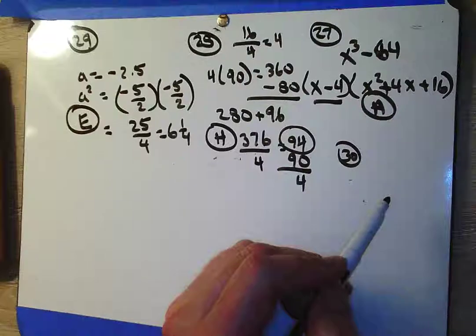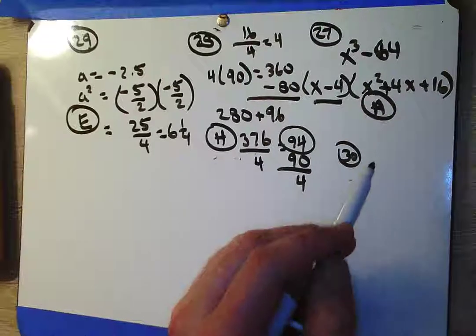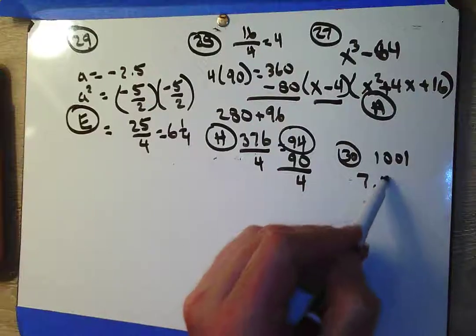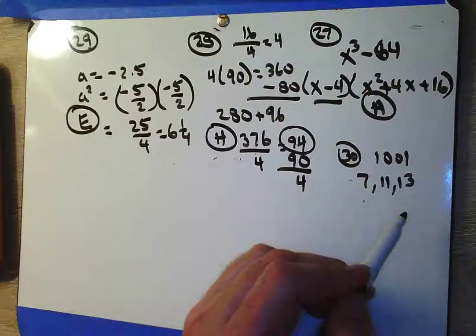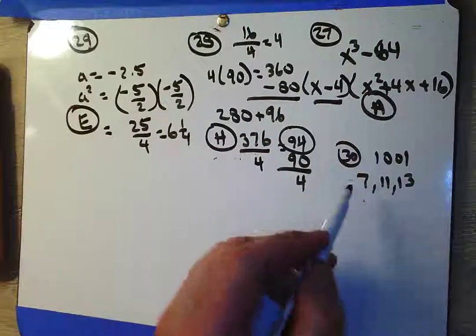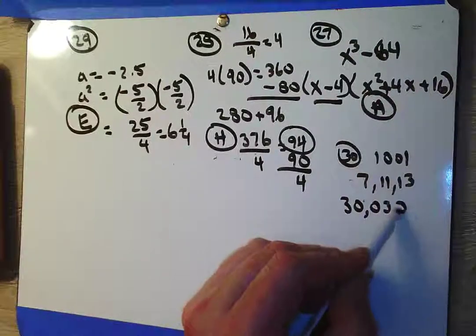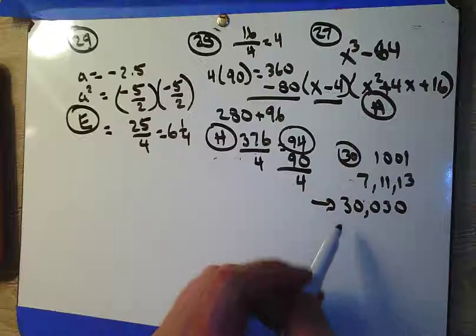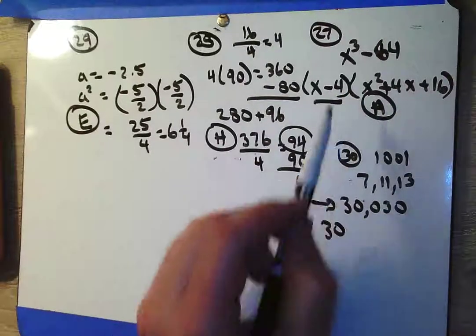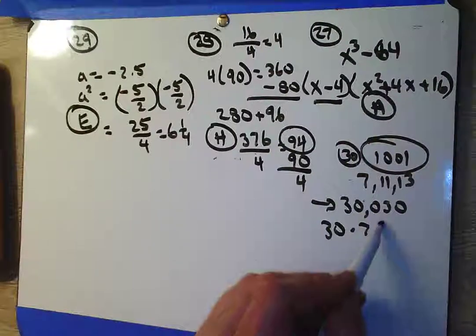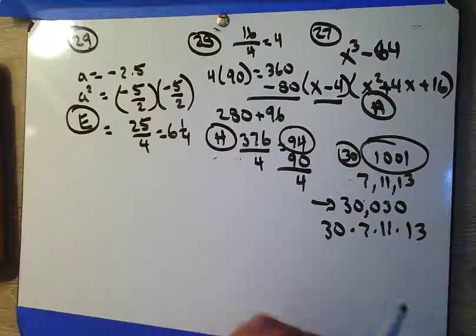30 has us, the number 1001 is the product of 7, 11, and 13. Knowing this, what is the prime factorization of 30,030? Well, this number is 30 times this number. So 30 times 7 times 11 times 13.